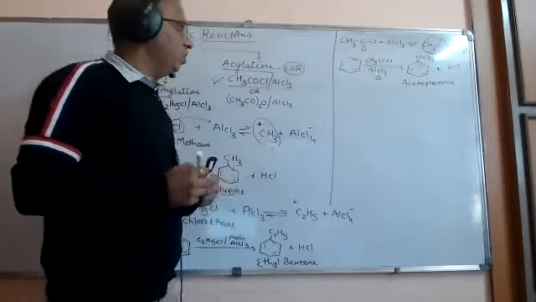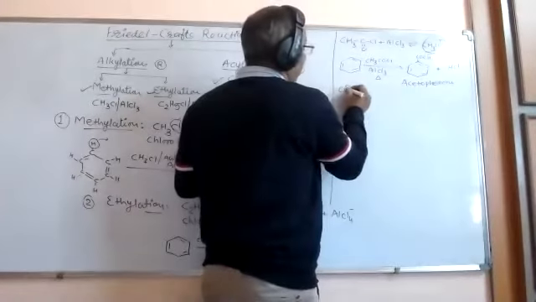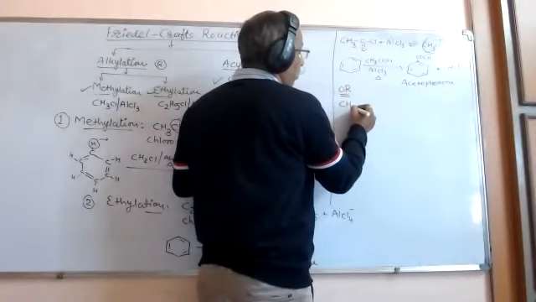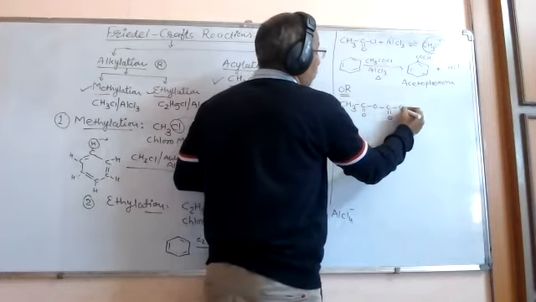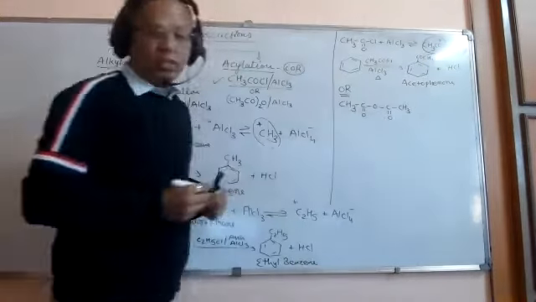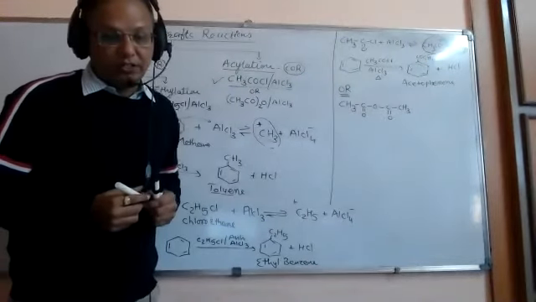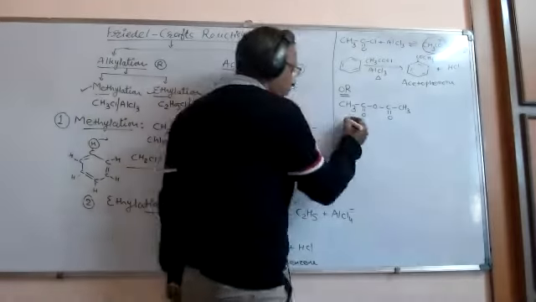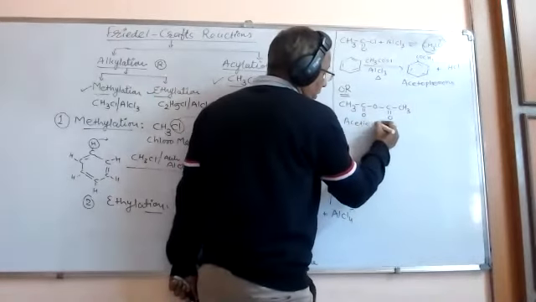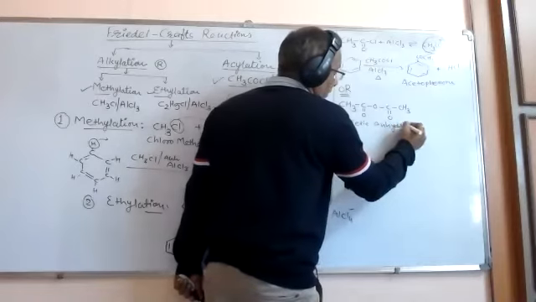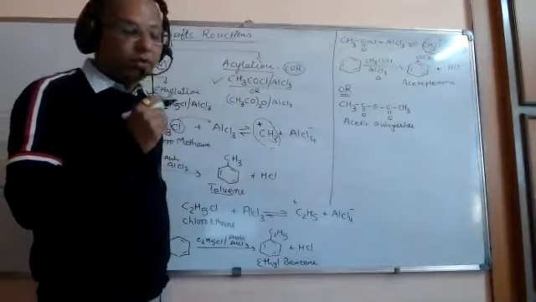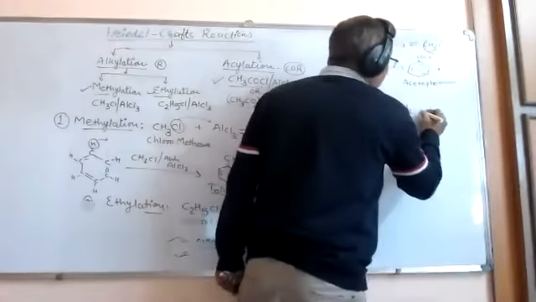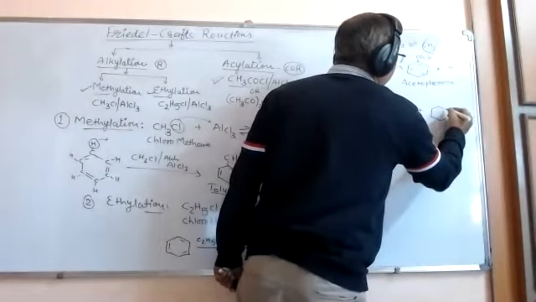So this is the first, and the same reaction can be carried out by using (CH3CO)2O. This is acetic anhydride. This acetic anhydride in presence of AlCl3 with benzene.